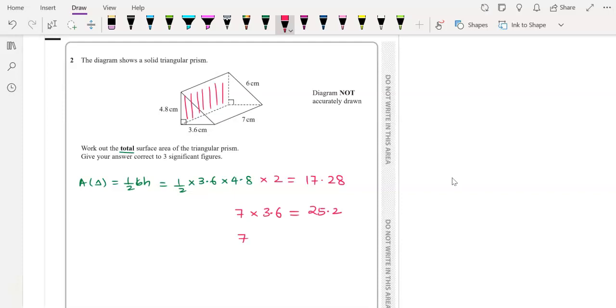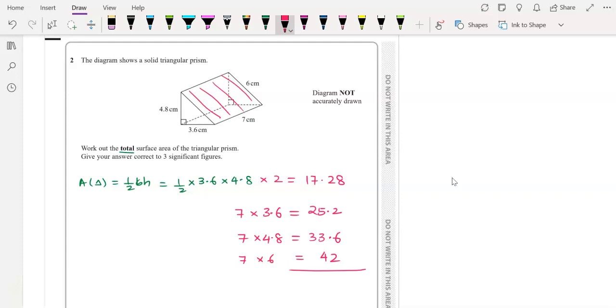So 7 times 4.8 gives us 33.6. And lastly, the slanting face. So let's work out this area, which is 7 times 6, gives me 42. Now I have the area of each of the 5 faces.